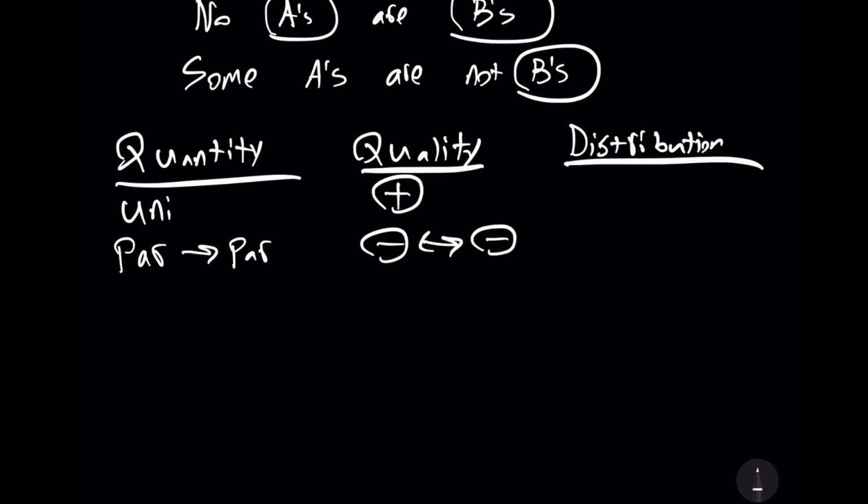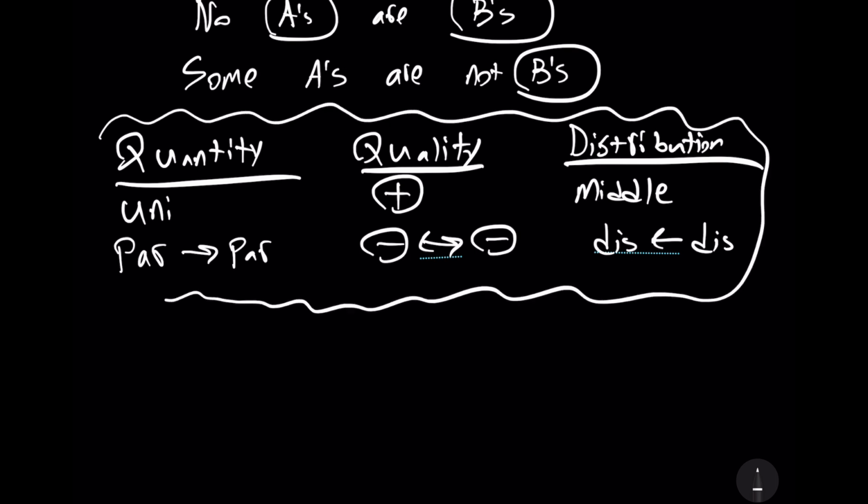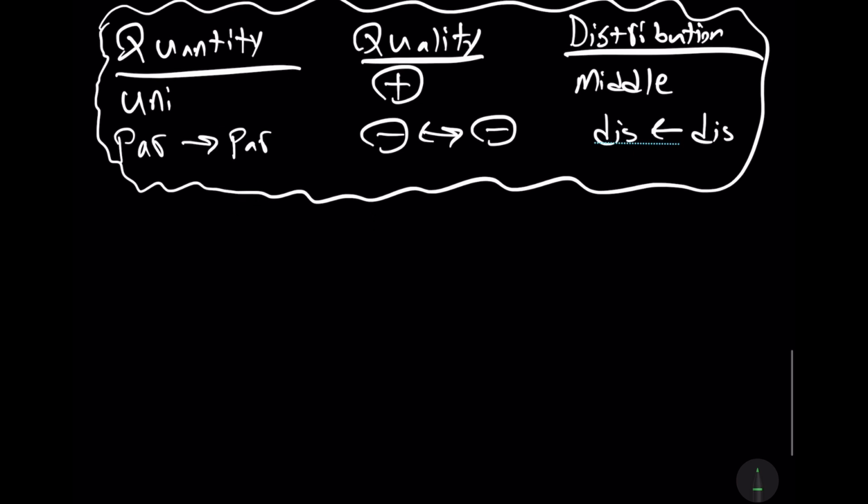With distribution, we need the middle term distributed at least once, and we also know that if a term is distributed in the conclusion, it must be distributed in the premise. So these are the laws of the syllogism.